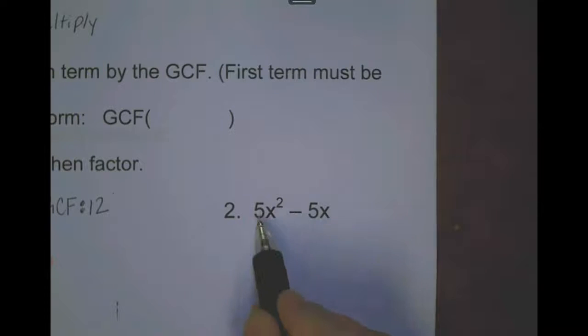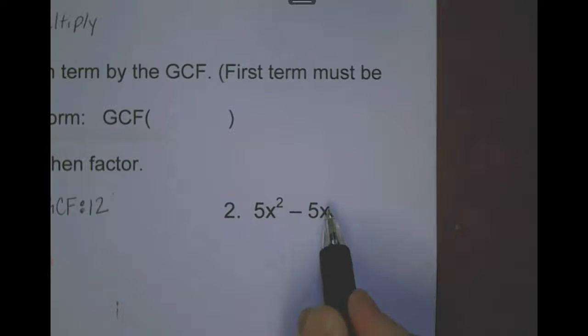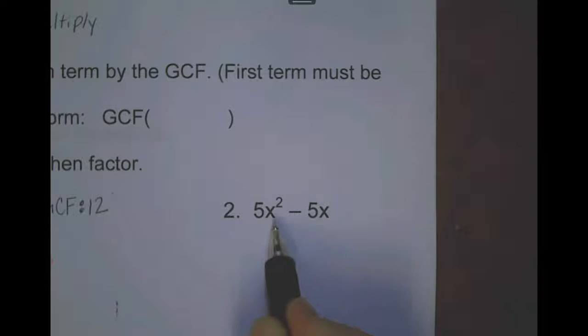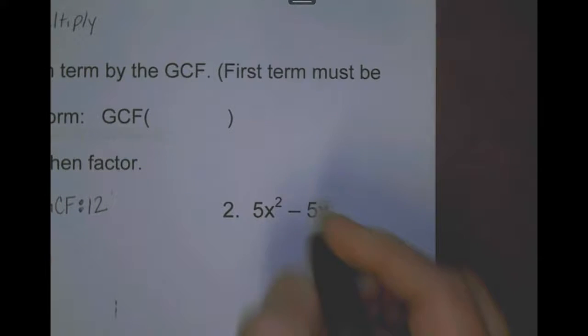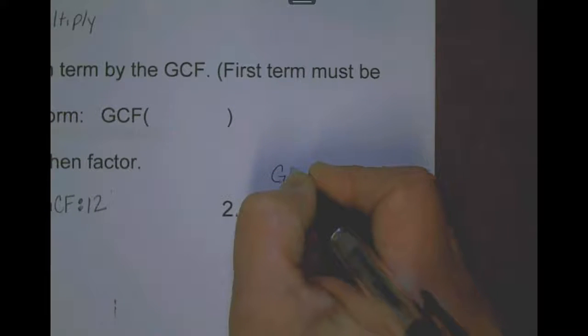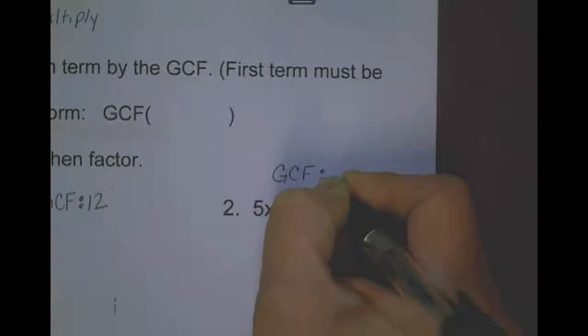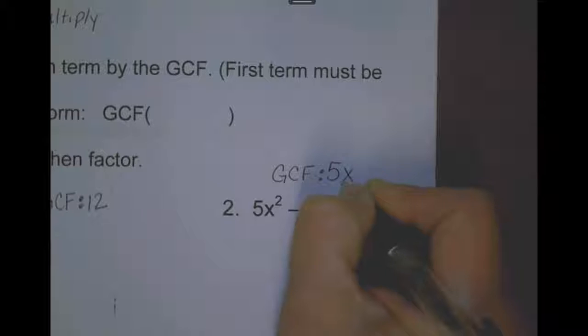Is there a number that divides both 5 and 5? The answer to that would be 5. Do both of these have an x? So the GCF is going to be 5x.